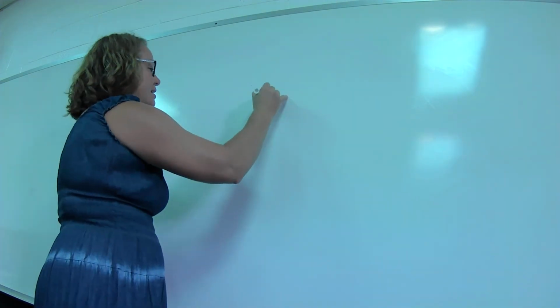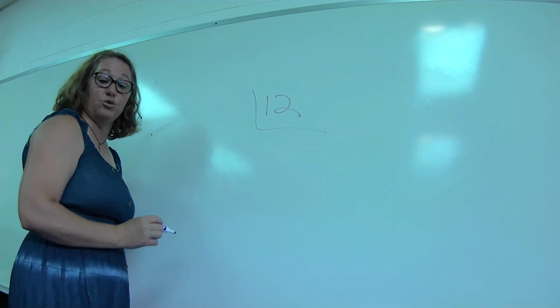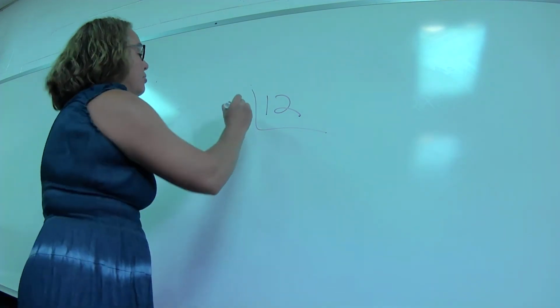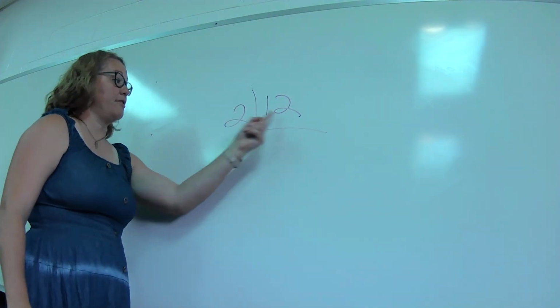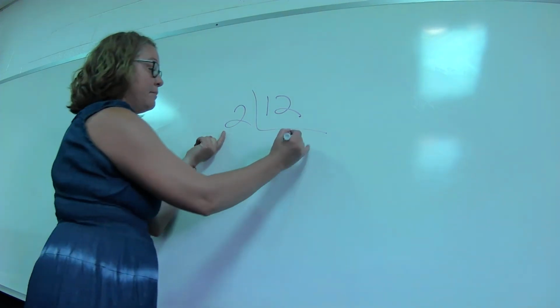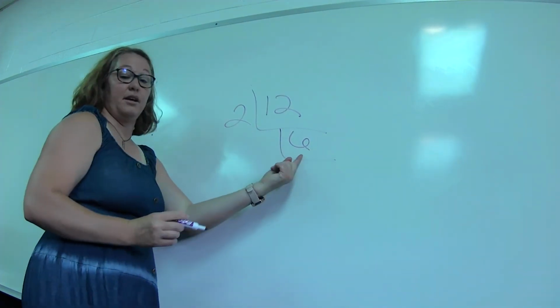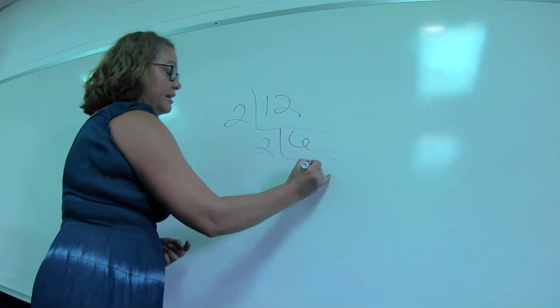If I did 12, divide the primes out of 12. Okay, again, 12 is even. So we start with our only even prime number. 12 divided by 2 gives you 6. 6 is composite, so 6 divided by 2 gives you 3.